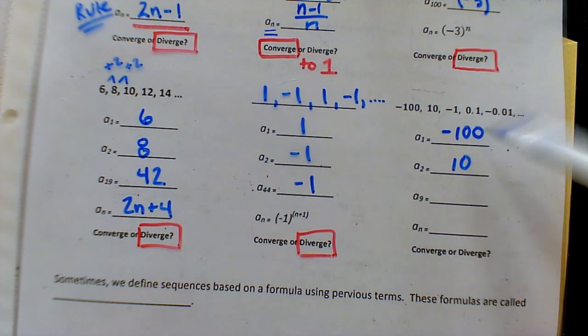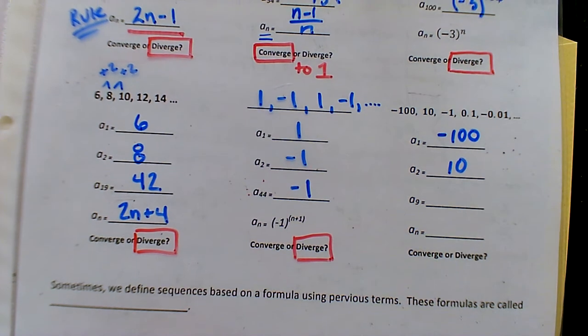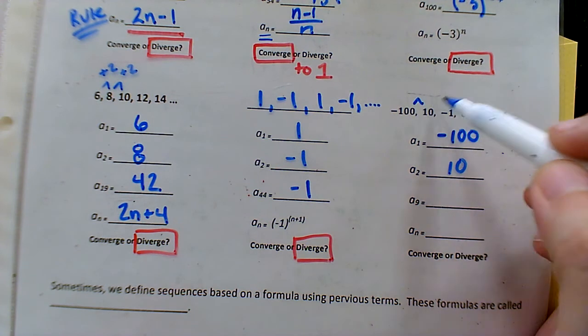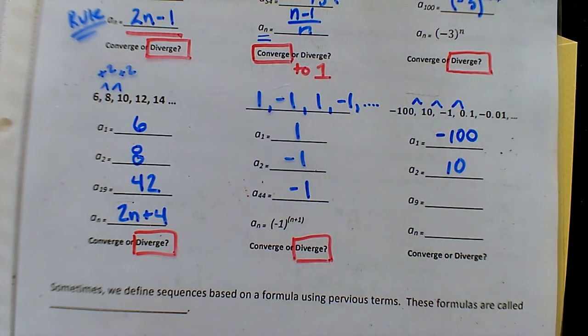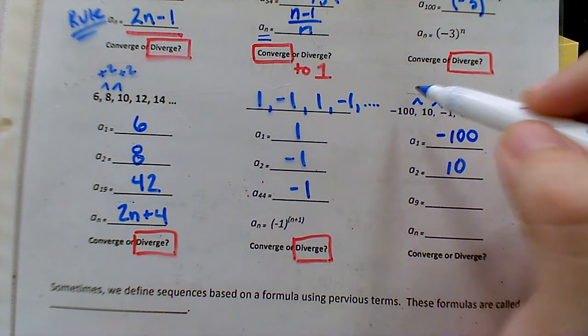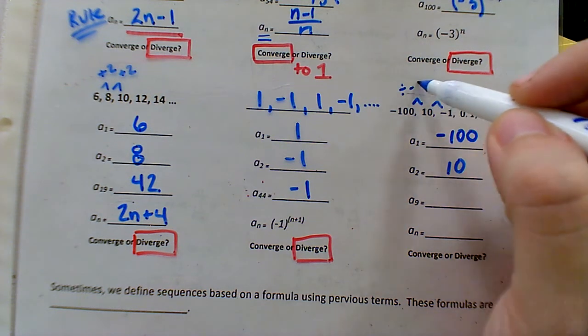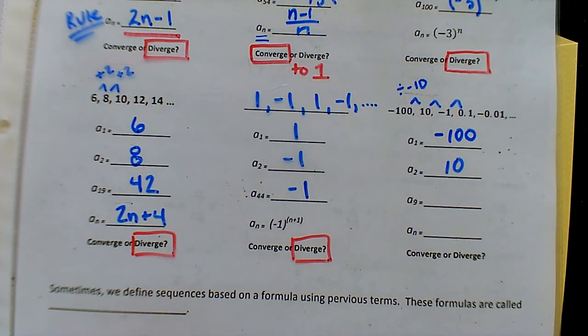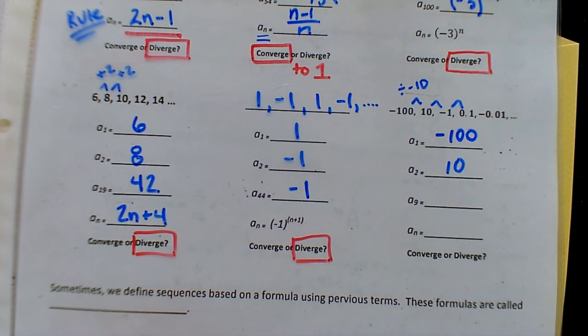Somehow if you plug in 1, you need -100. You plug in 2, you get out 10. Can we find some type of pattern between the numbers, perhaps, to help us out? Yeah. Dividing by -10. All right, so that might show up somehow in your rule.